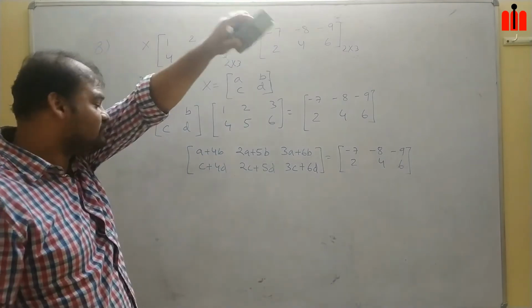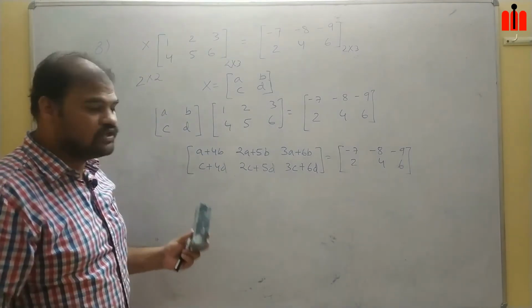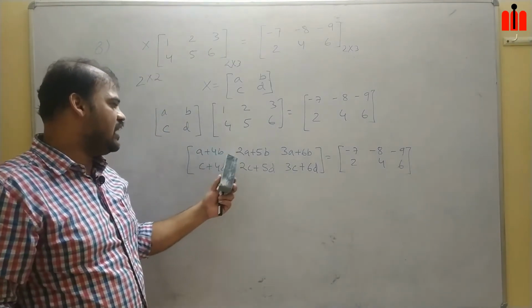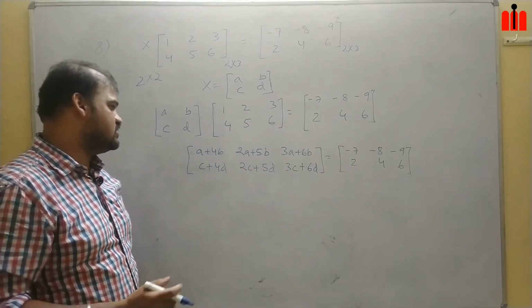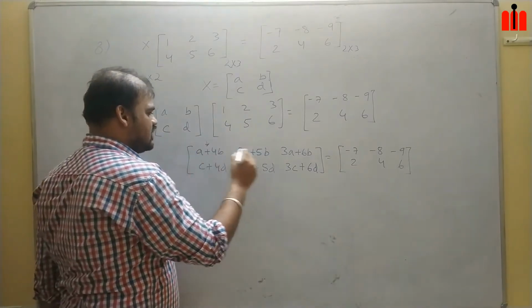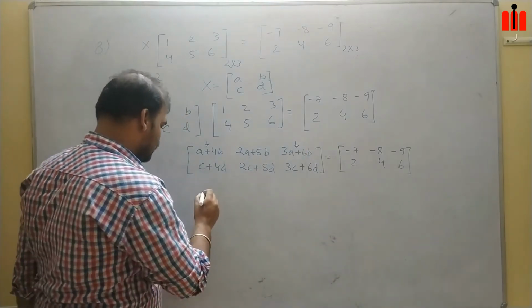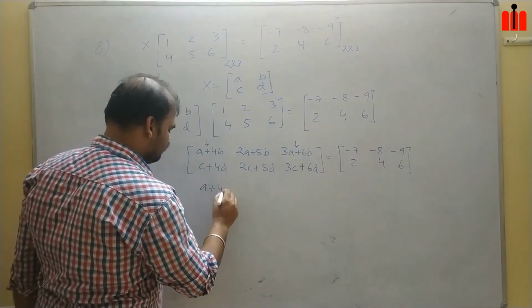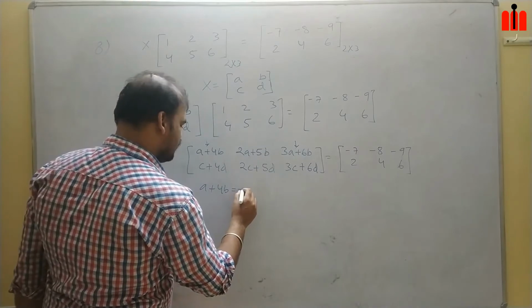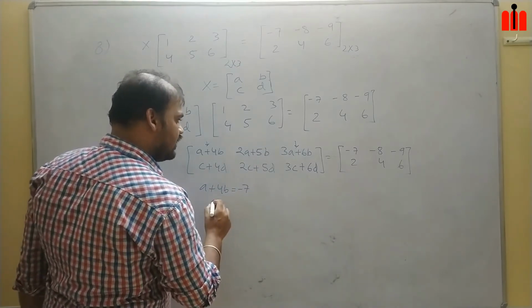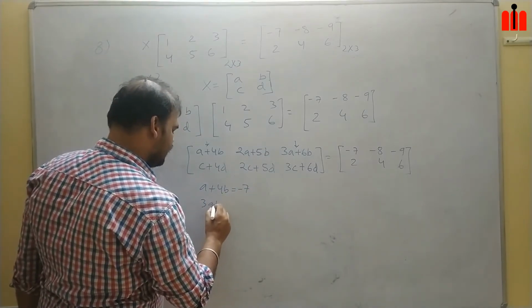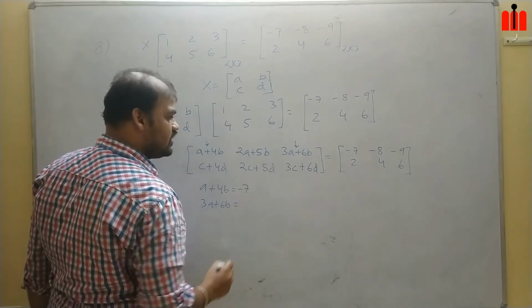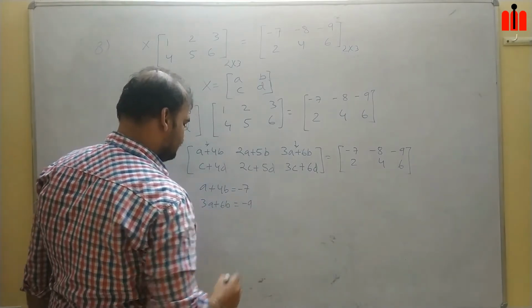Now let's take two equations. Two variables are there, a and b. So one equation I will take from this and one from this. So a plus 4b equal to minus 7 and 3a plus 6b equal to minus 9.